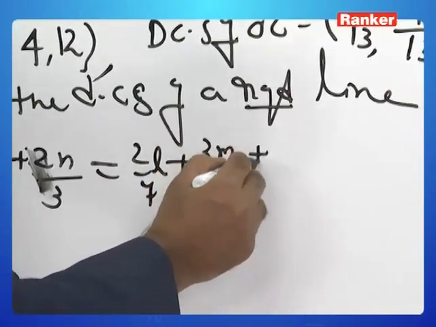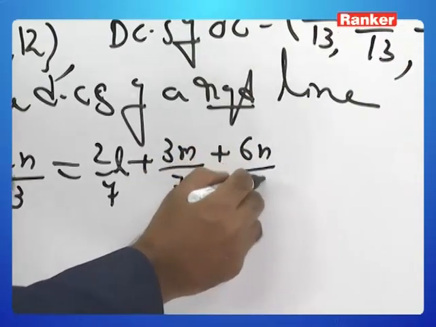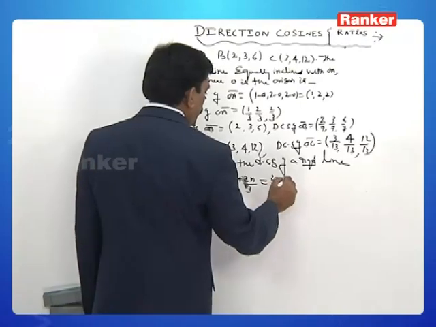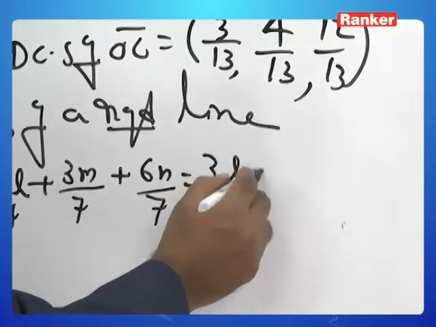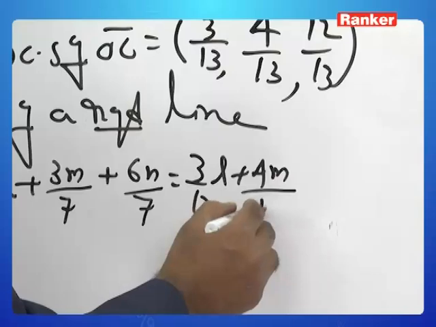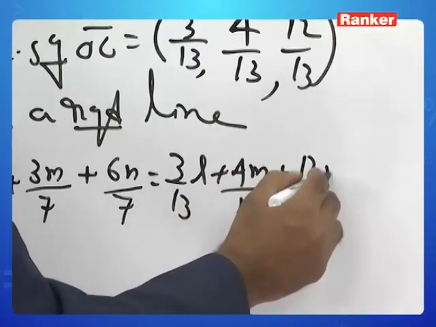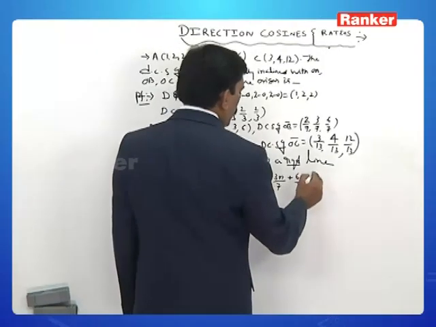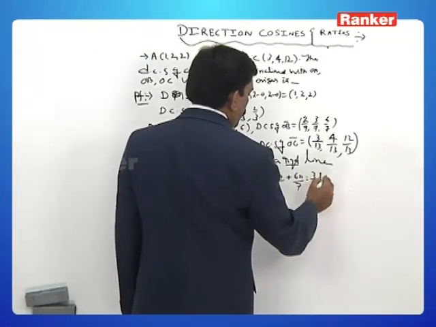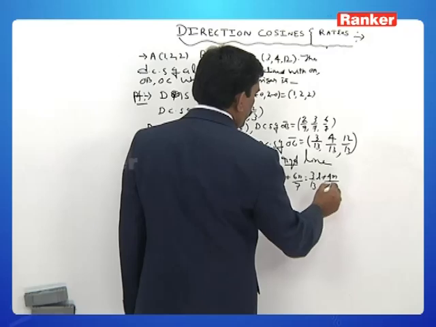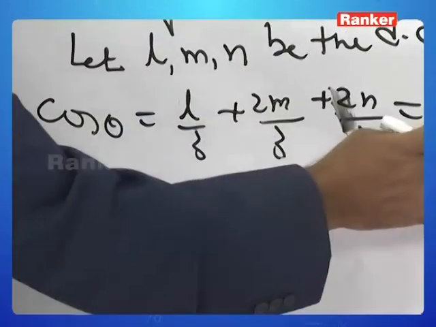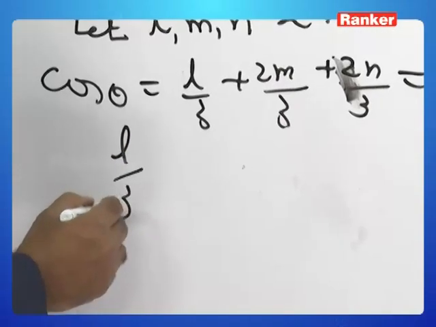Now this is equal to the one with OB bar: 2l by 7, 3m by 7, 6n by 7. Now this is equal to 3l by 13, 4m by 13, 12n by 13, right?